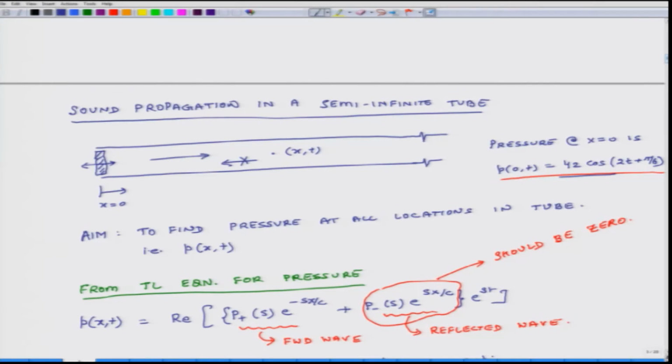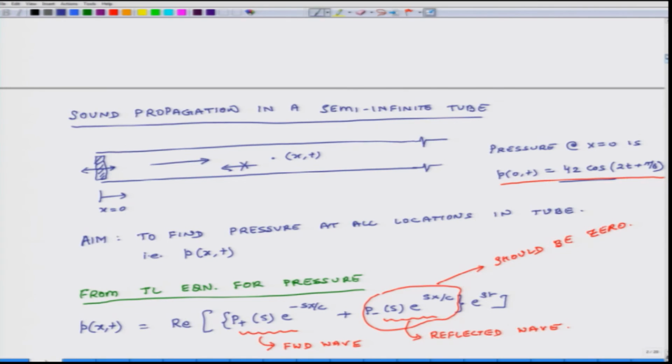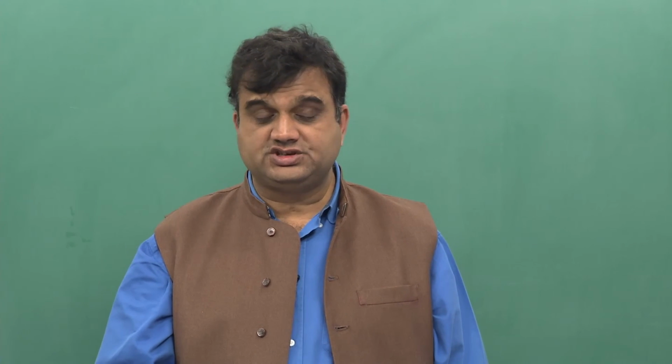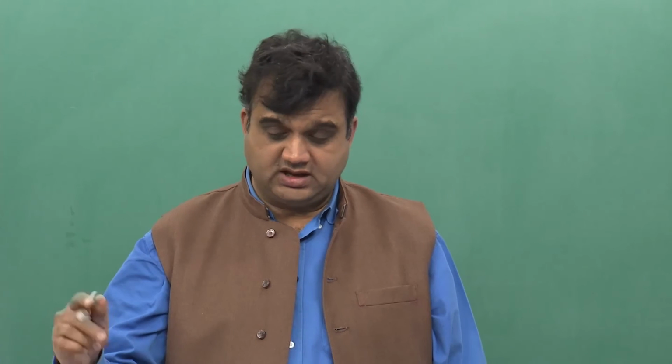I would like you to check one thing. We had said that in this tube there is only a wave which is travelling in the positive x direction, and there is no wave which is reflected or travelling in the negative x direction, which means that any solution of this system has to be of the nature f1 of t minus x over c.